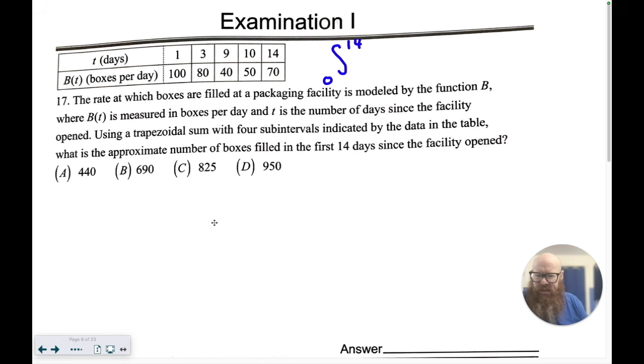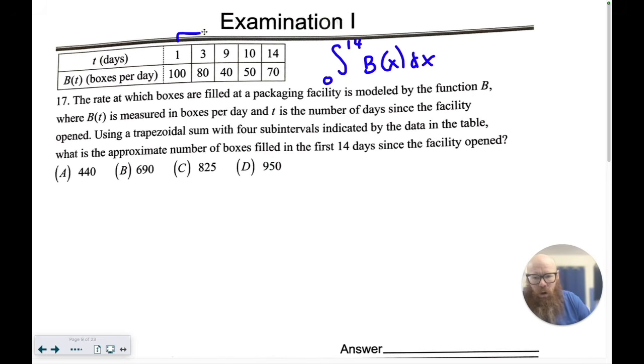Yeah, the first 14 days, but they're not giving us 0, but that's fine. That's a rate, dx. So this is what we're approximating, okay? So we're going to use trapezoidal rule.